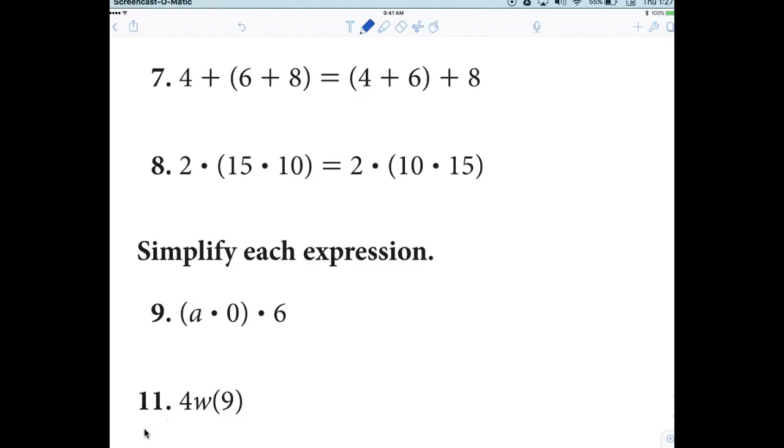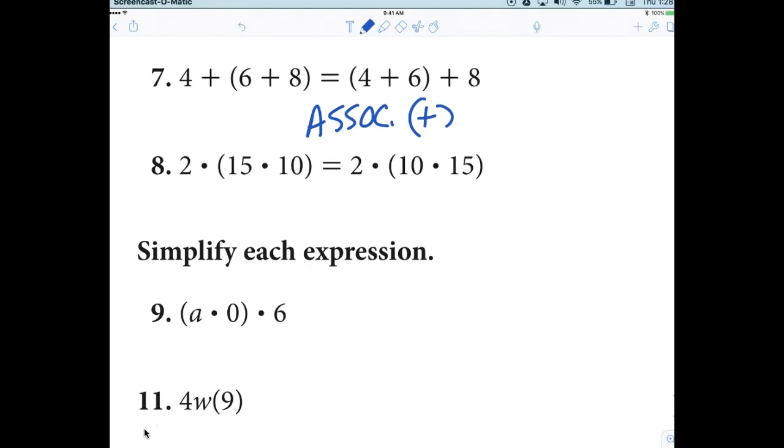That's associative. Of? Addition. Right. So A-S-S-O-C, addition. Associative property of addition. They're trying to trick you on number 8. Before you say something crazy, make sure you look carefully. Tell me why.